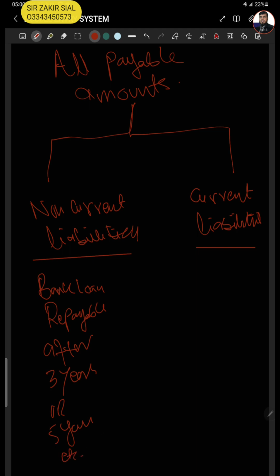And current liabilities are those liabilities which are payable within a year, which are due within a year, like trade payables, less than 1 year.